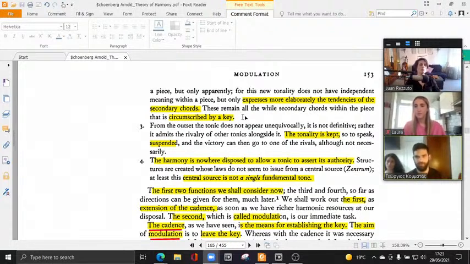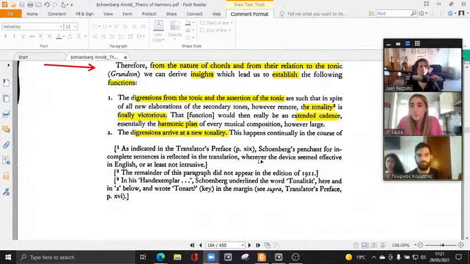The first type is when you never abandon the tonic. When it says extended cadence, it's because you play diatonically. Let's say that you have a tonality, and then you go to the dominant, the subdominant, then the supertonic, and all these relationships. But then you have a cadence, and you didn't even cadence on the new key.